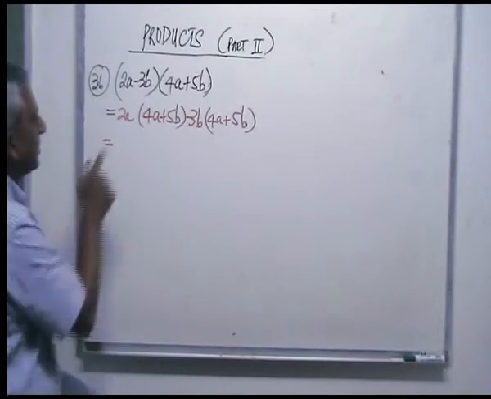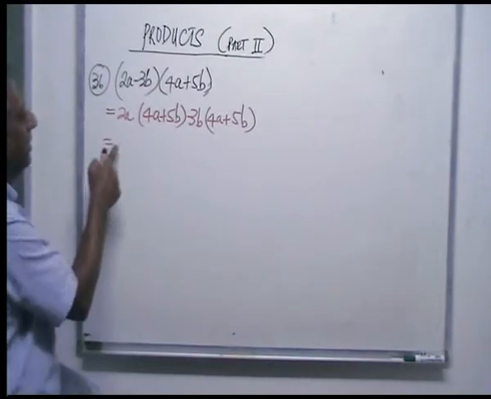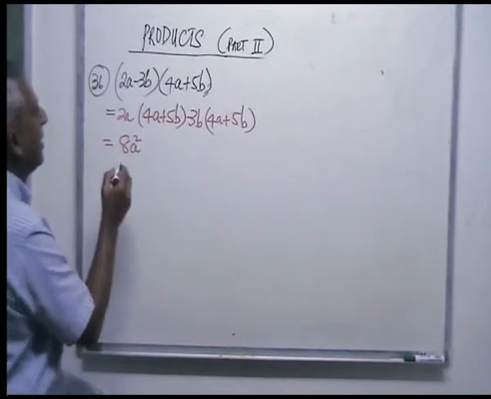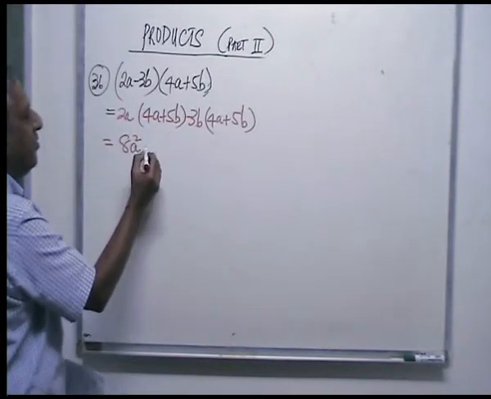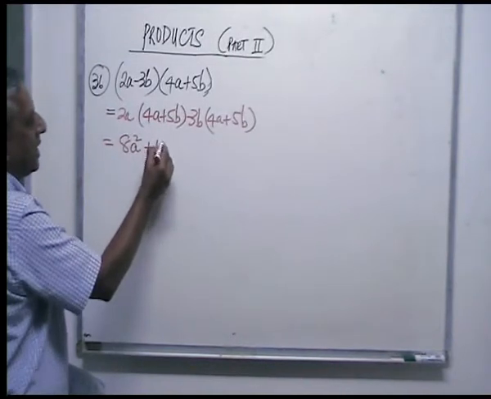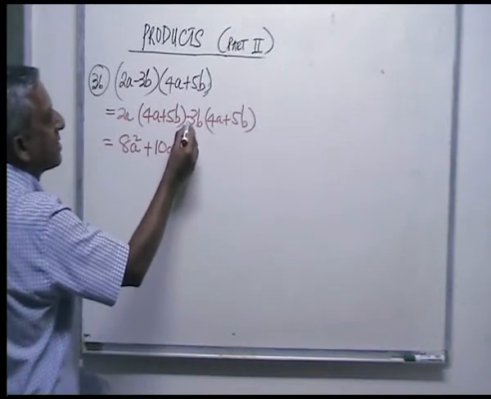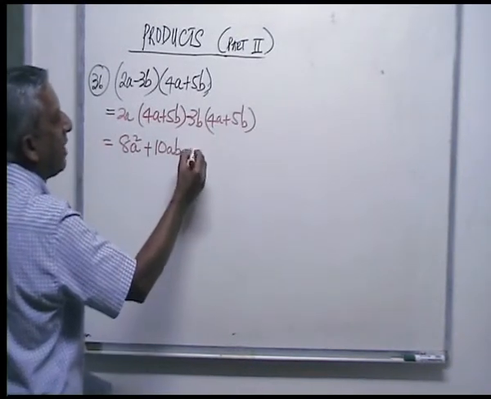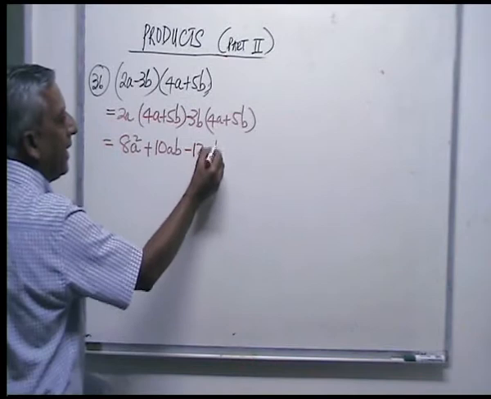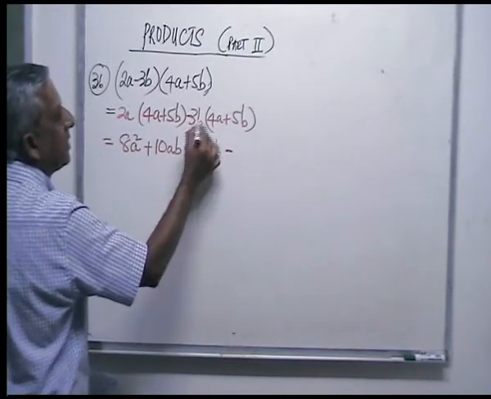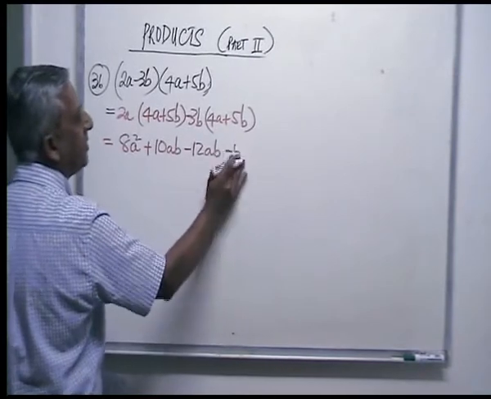So 2a times 4a gives me 8a squared. 2a times 5b gives me 10ab. Minus 3 times 4 will give you minus 12ab. Minus times plus gives you minus. 3 times 5, 15.